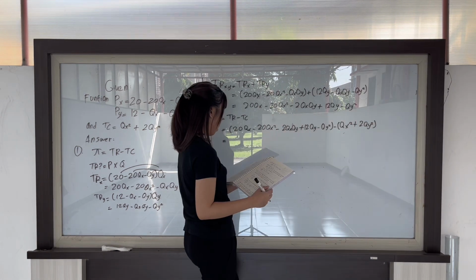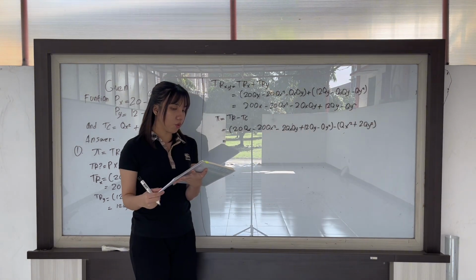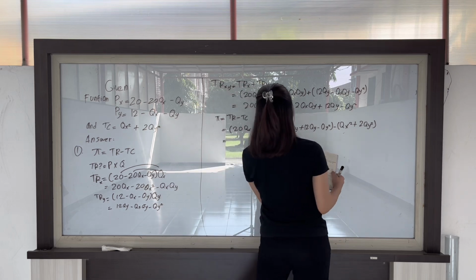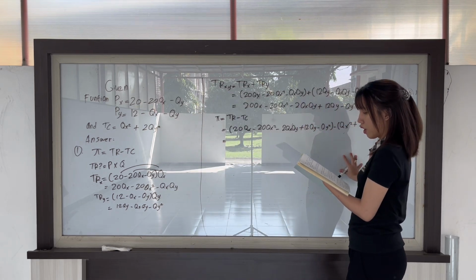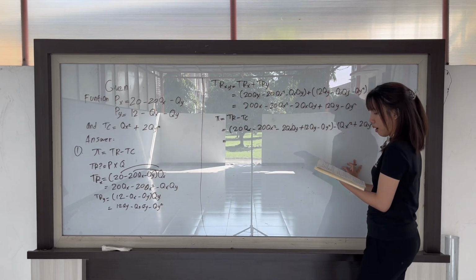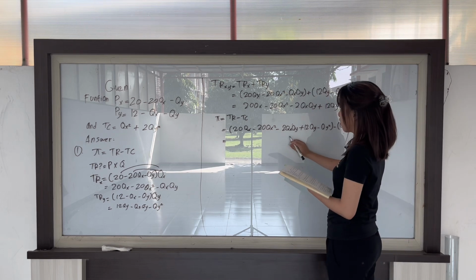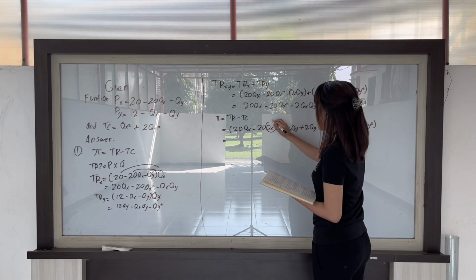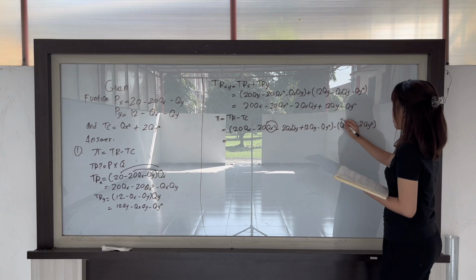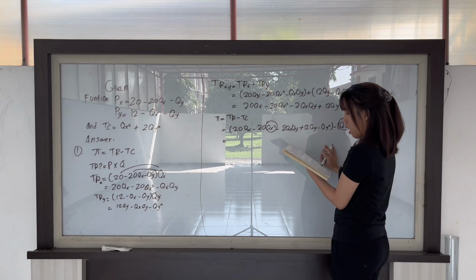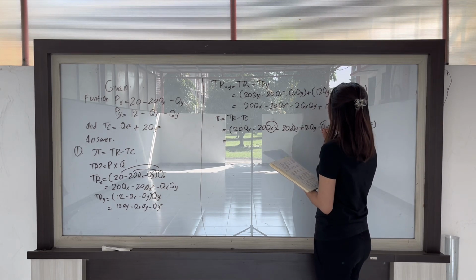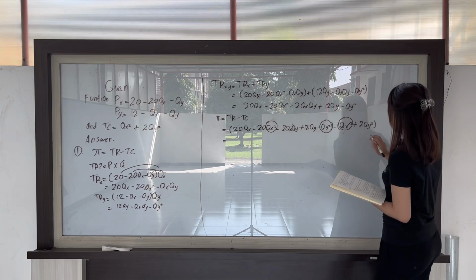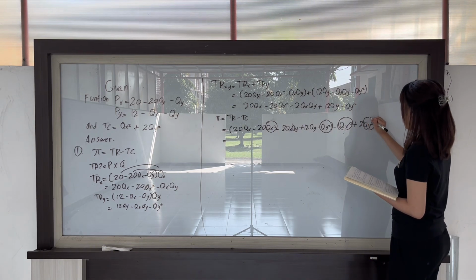And the result is, while calculating, we identify which variables are similar. Here the similar variables are Qx squared and Qx squared, and Qy squared and Qy squared.